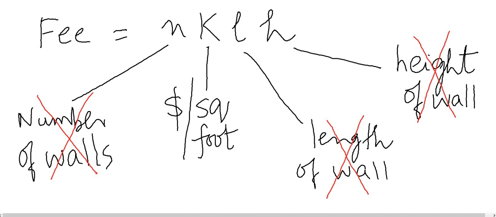So with the cost of paint, the only factor that changes because of this dollar per square foot is that K will change if you go to something more expensive. So the dollars per square foot would be higher for a more expensive paint. So then the answer is C.